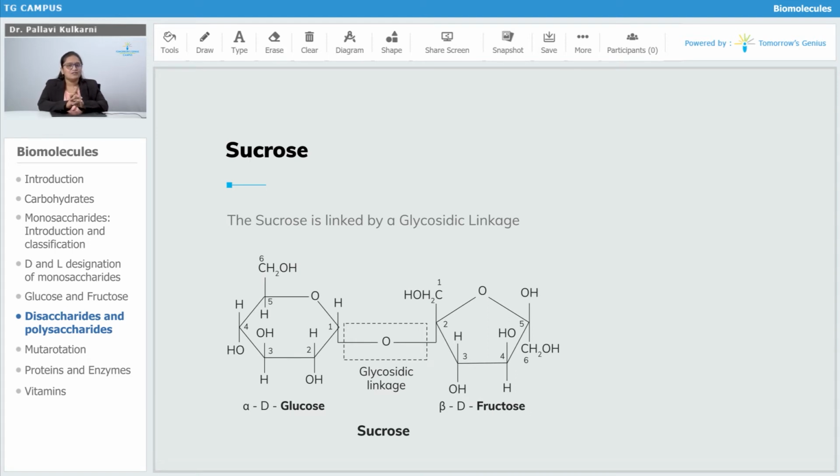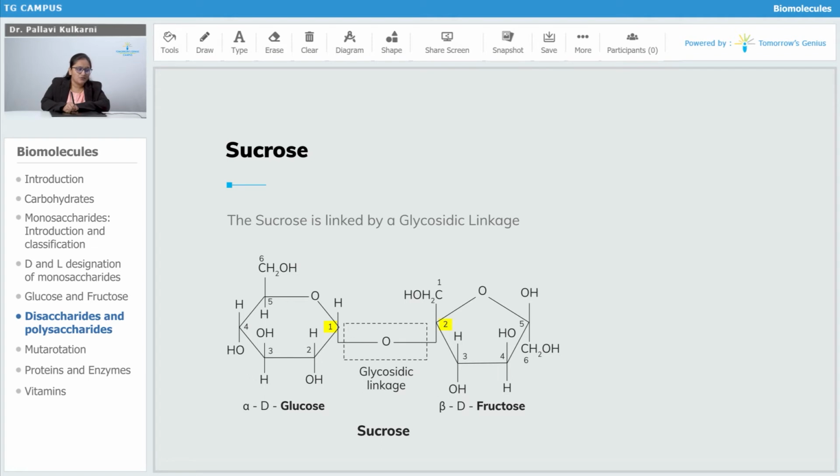Likewise other disaccharides, sucrose also has a type of linkage called the glycosidic linkage. In the structure on the slide, you can see the glycosidic linkage between carbon number 1 of alpha D glucose and carbon number 2 of beta D fructose. We know glucose has the aldehydic functional group, that is, it is an aldose, whereas fructose is a ketose.